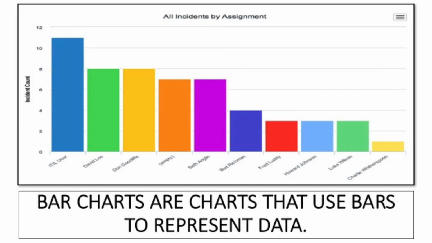Bar charts are charts that use bars to represent data. Yes. Each of the different bars represents a different piece of data. And it's always a good idea when doing your own bar charts to have each bar a different color. That way we can tell the different data independently.